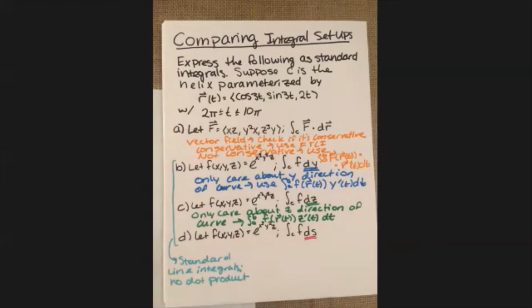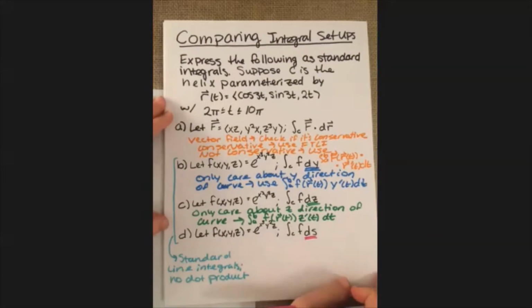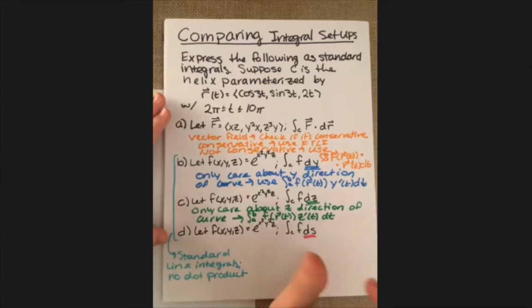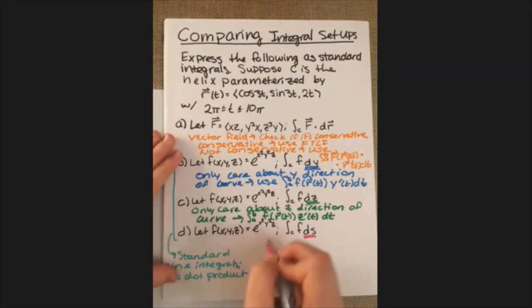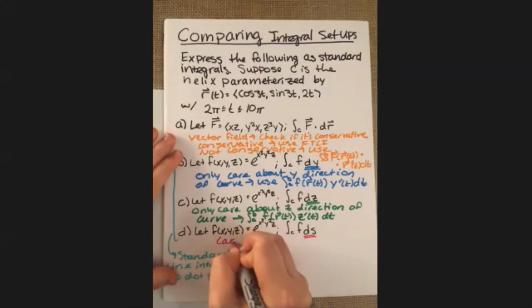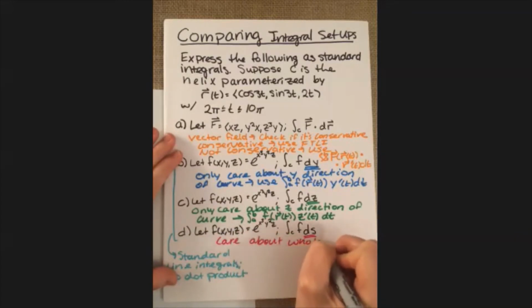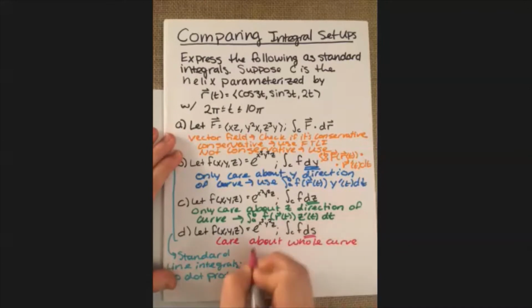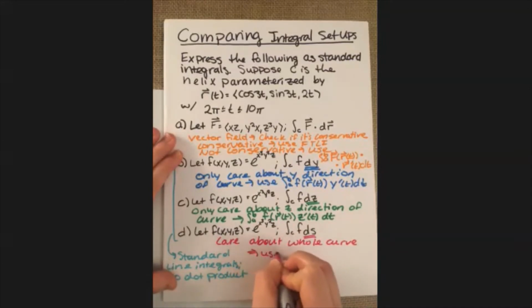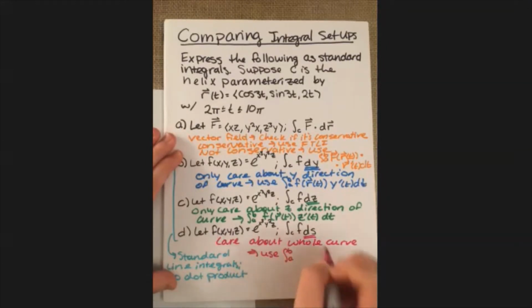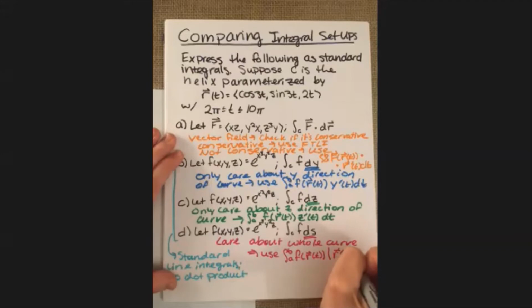And then finally, for our last one here, ds means that we're going to care about the entire curve, the length of the whole curve, just really what's happening on the whole curve there. So we want to use the integral from a to b of f evaluated at r of t times the length of r prime of t.